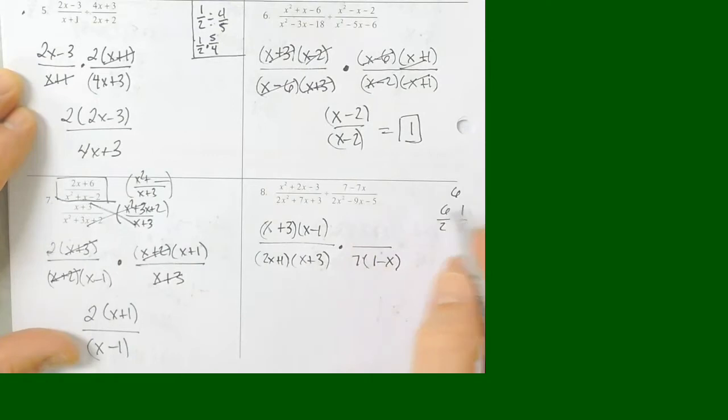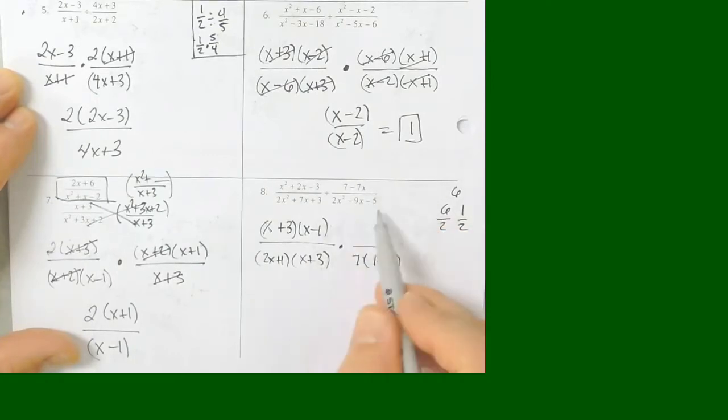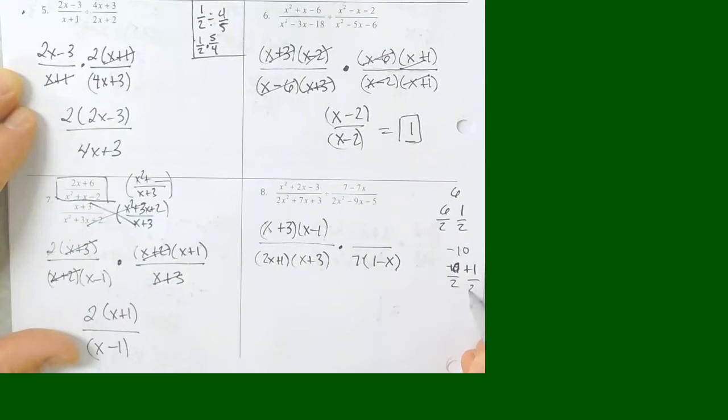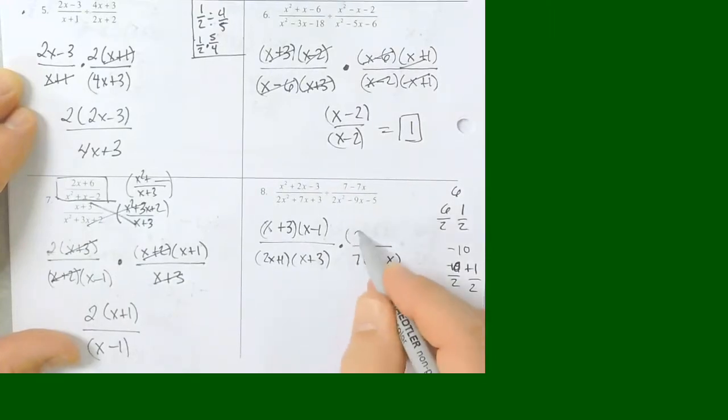And then if I take the same approach, 2 times negative 5, negative 10. What adds to negative 9 and multiplies to negative 10? Negative 10 and positive 1 divided by 2. That gives me 2x plus 1.